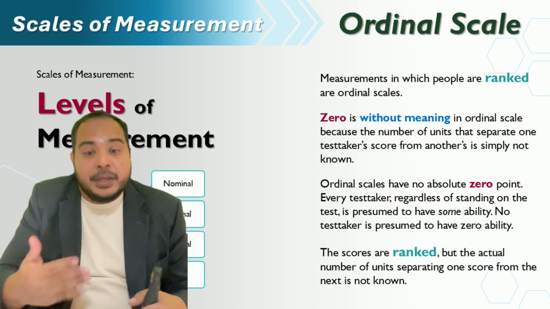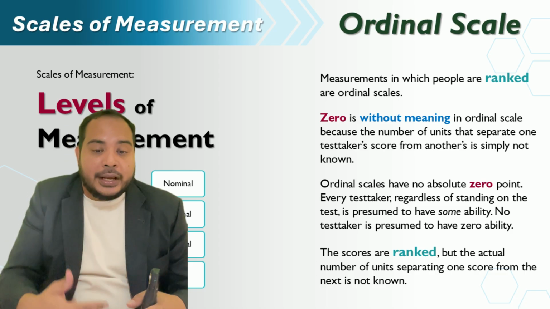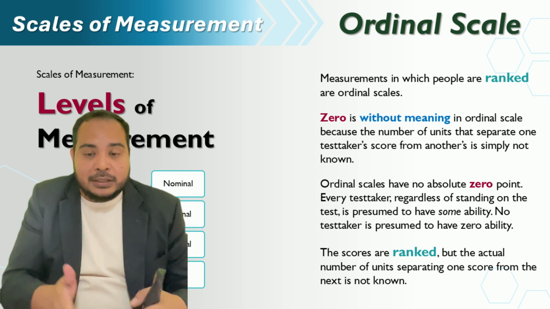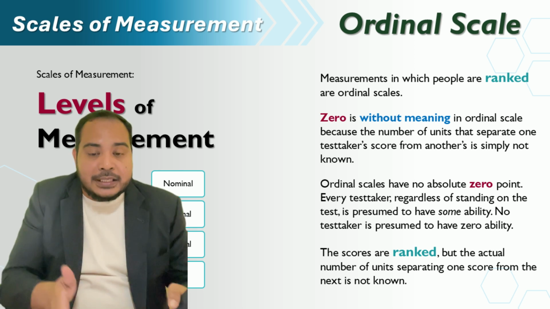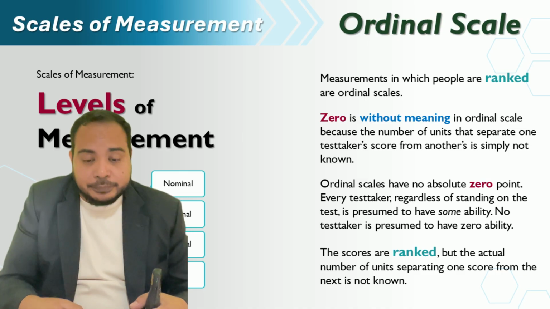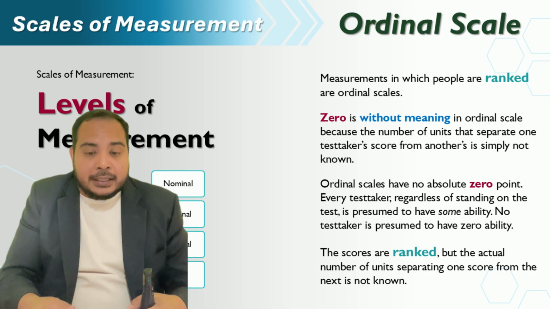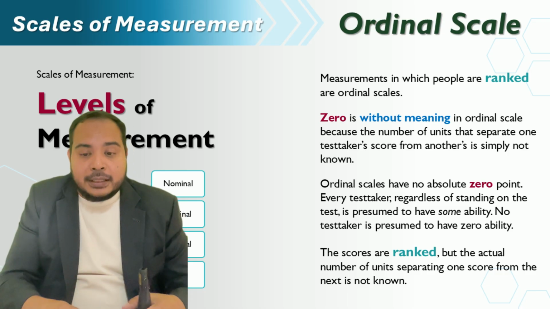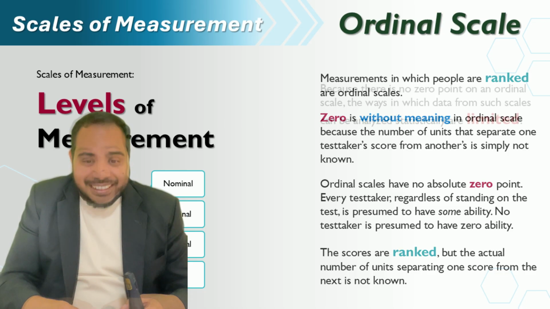So this is what it means by there being no known differences between ranks. However, based on their performance, we can rank them, who is first, who is second, and who is third. But the distance, the difference between the ranks, is not known. In this case, the 0 in ordinal scale is also without meaning.